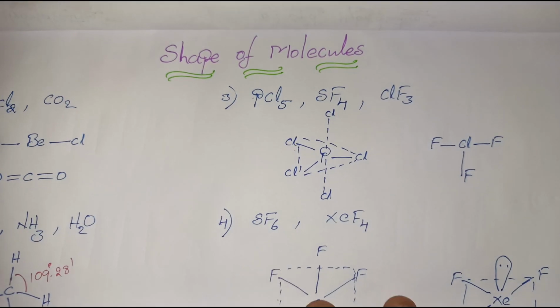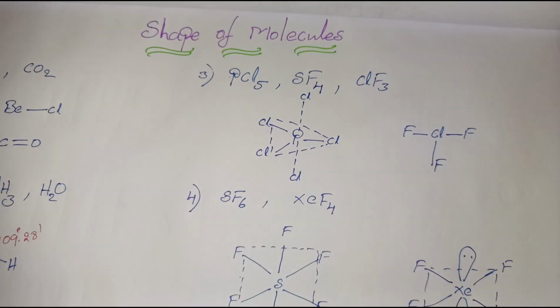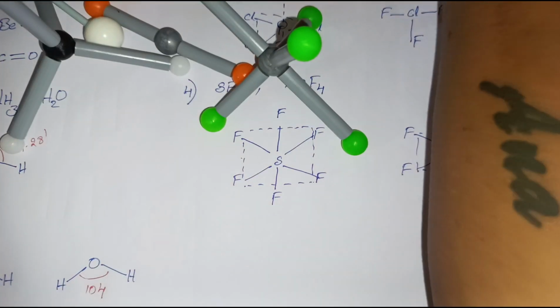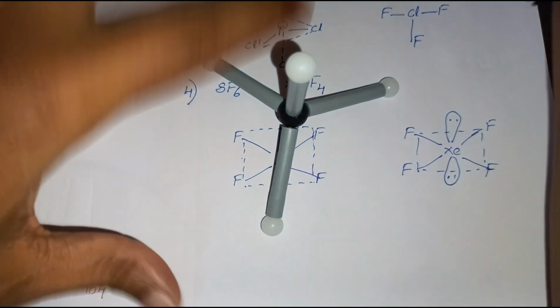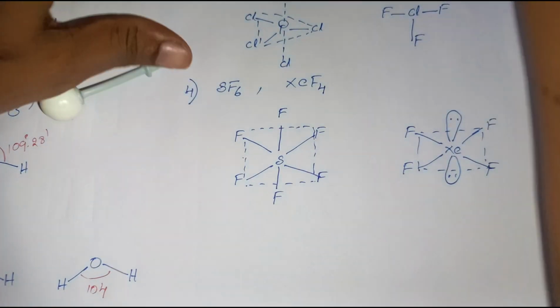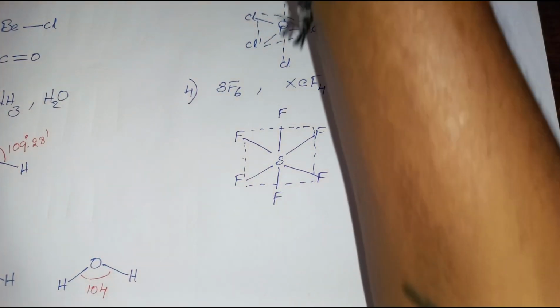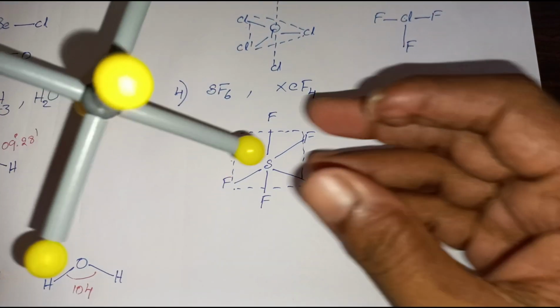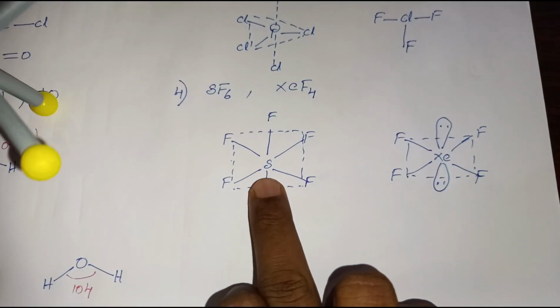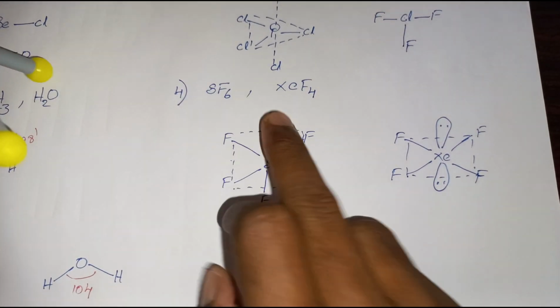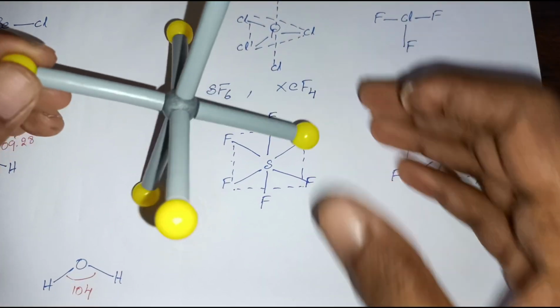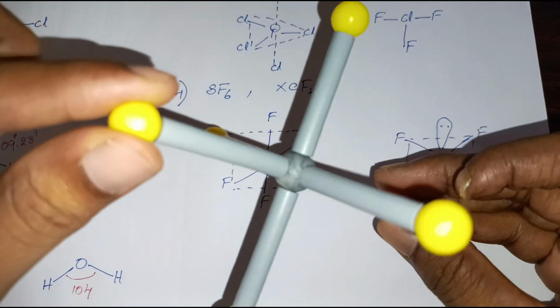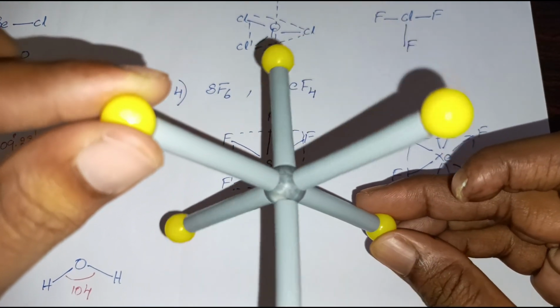Next, one more example, the shape of the SF6 molecule. How many fluorine atoms are there in the SF6 molecule? Here the central atom is sulfur, and the surrounding atoms are six fluorines. Four fluorine atoms are in the same plane.